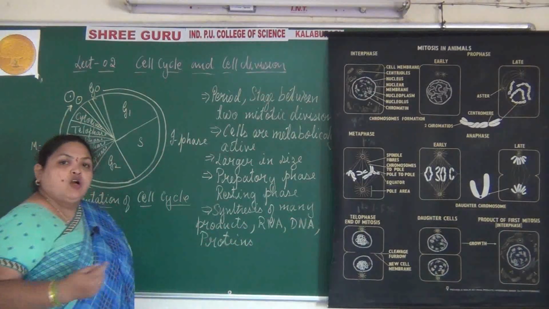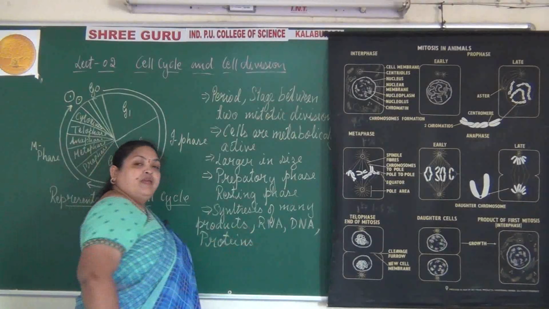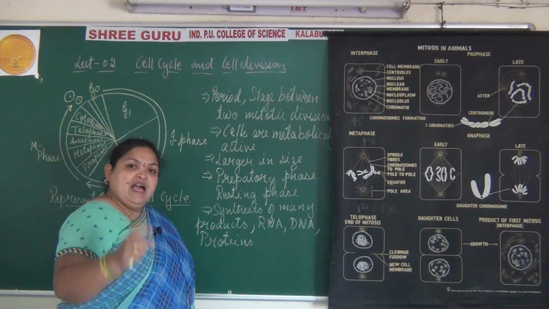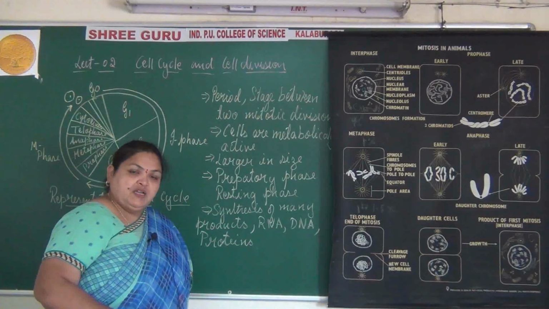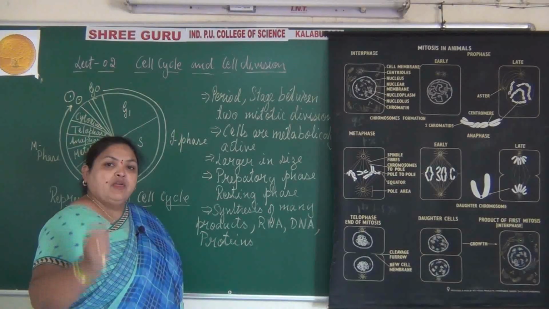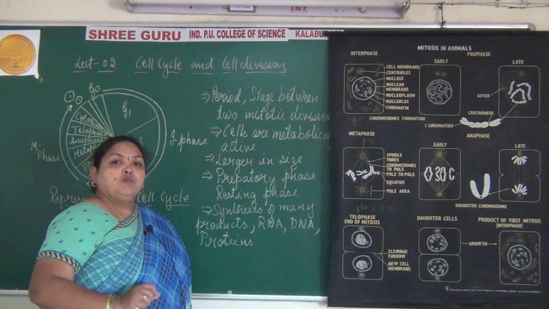In this process commonly there is synthesis of many products. The mother cell has to divide to form the daughter cells, so it requires a larger amount of chemical components or molecules.